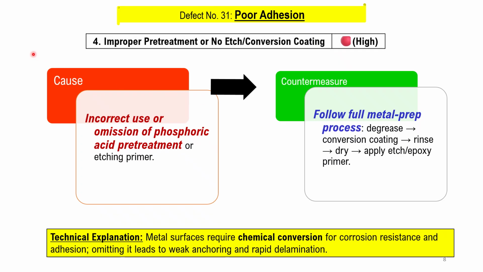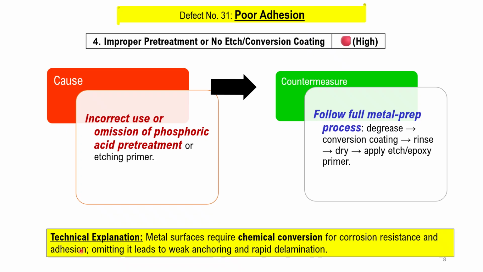The fourth probable cause could be improper treatment or no conversion coating. That is, incorrect use or omission of phosphoric acid pre-treatment or etching primer. Metal surfaces require chemical conversion for corrosion resistance and adhesion.